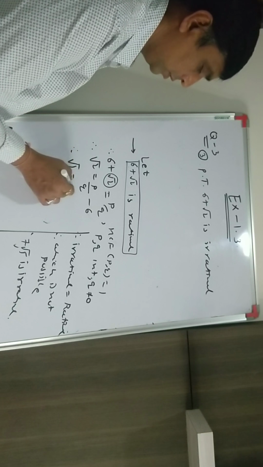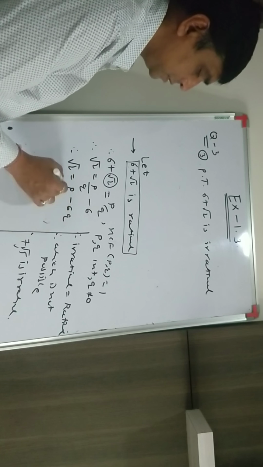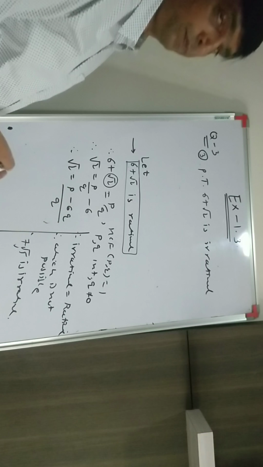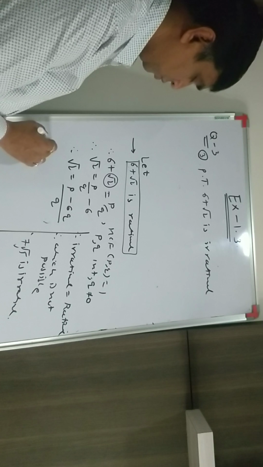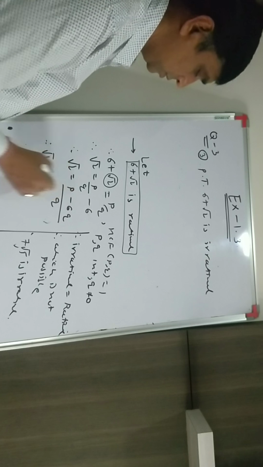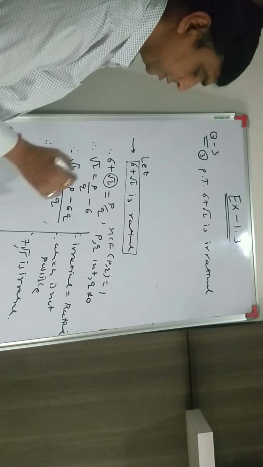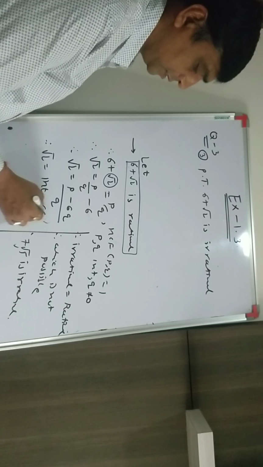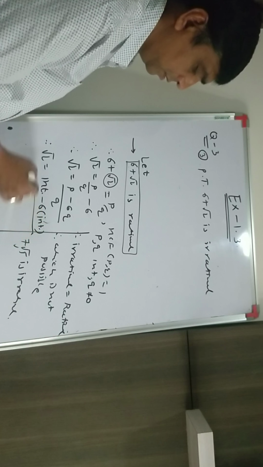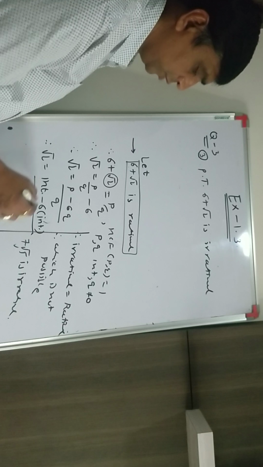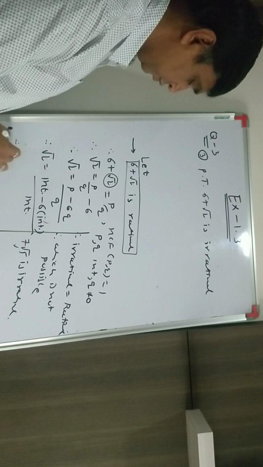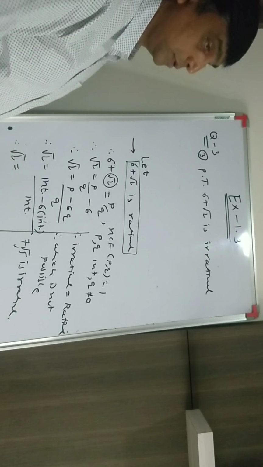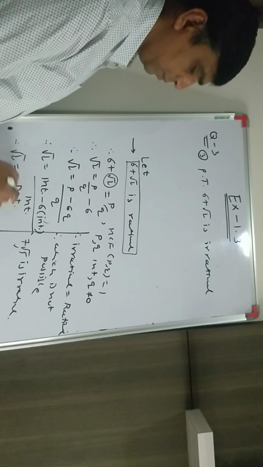Therefore root 2 equals (P minus 6Q) upon Q. Therefore root 2 equals P, that is an integer, minus 6 into an integer, upon Q, which is also an integer. Therefore we get root 2 equals integer upon integer.